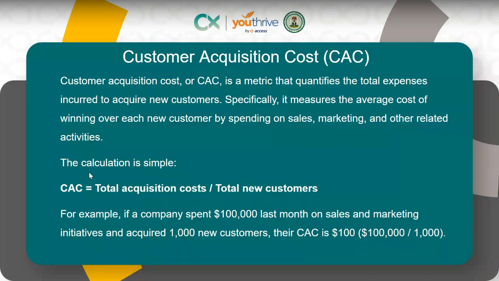Specifically, it measures the average cost of winning over each new customer by spending on sales, marketing, and other related activities. The calculation is simple: your total acquisition cost divided by new customers, and you'll know what your acquisition cost is.